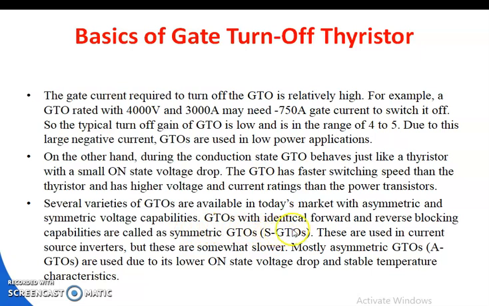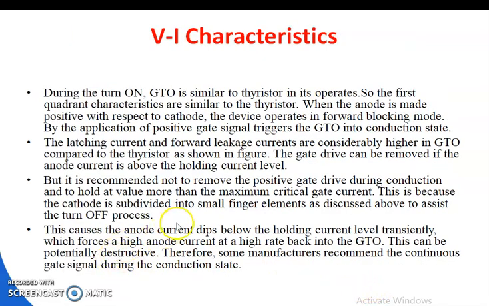GTOs with identical forward and reverse blocking capability are called symmetric GTOs, or SGTOs. These are used in current source inverters, CSI, but they are somewhat slower. Mostly asymmetric GTOs, AGTOs, are used due to their lower on-state voltage drop and stable temperature characteristics.